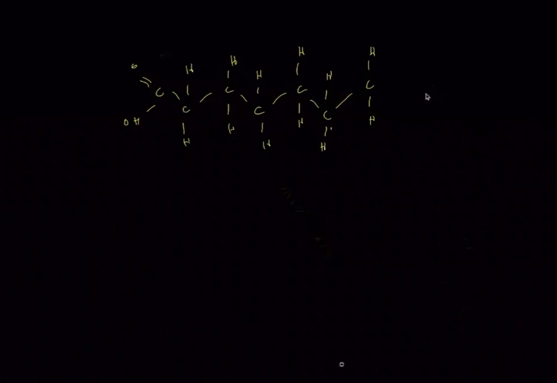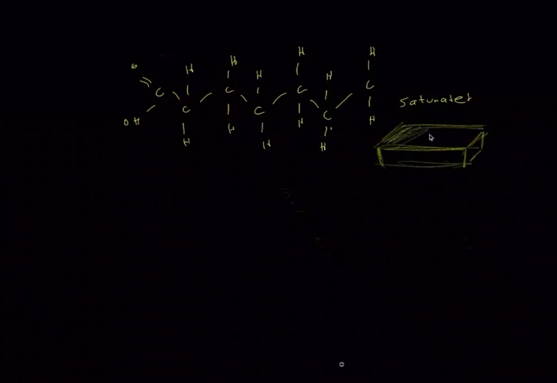This is known as a saturated fatty acid. This is a saturated fat, and this is a saturated fatty acid. The carbons are sticking close together, and this is exactly why this becomes a solid. In particular, this can be butter. For example, saturated fat is butter.